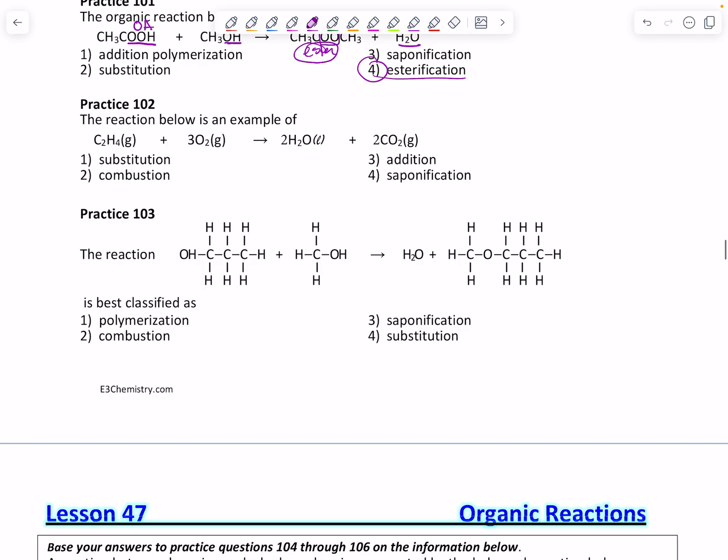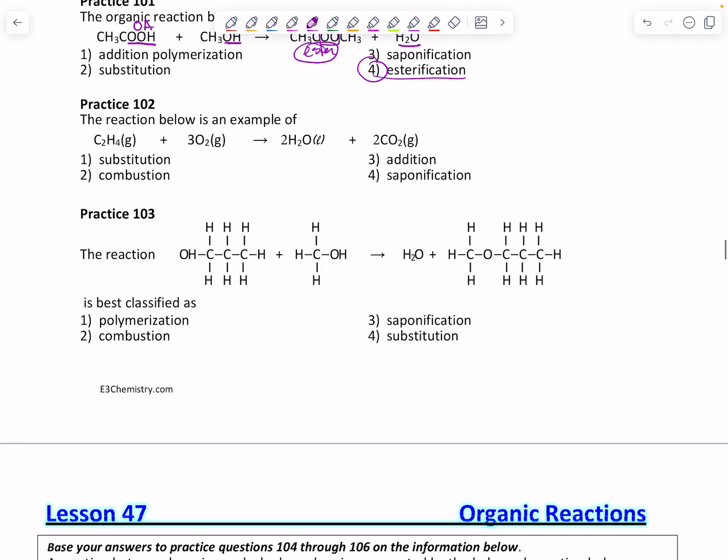Write the name of the homologous series to which the hydrocarbon belongs. The hydrocarbon is this reactant right here, the only molecule that has only carbon and hydrogen. The only functional group it has is a double bond, so the homologous series would be the alkenes, because they have double bonds.